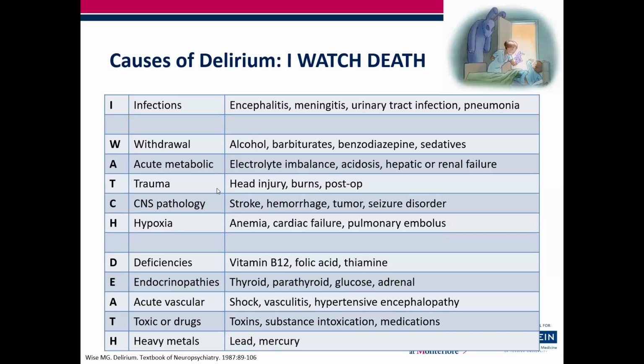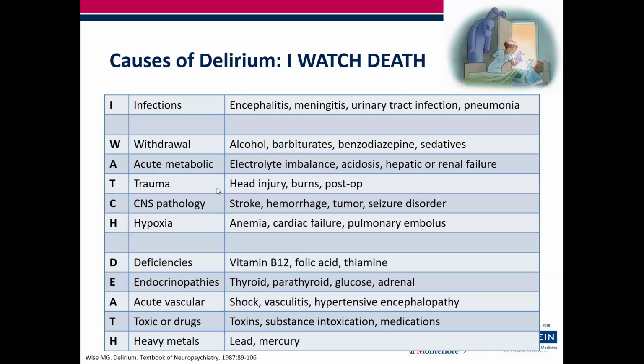So if there's direct head trauma or if the patient is post-op. Any changes in CNS pathology, so if the patient presents with a stroke, a hemorrhage, or status epilepticus. Hypoxemia, so any patients that have any level of cardiac failure, or if they present with a pulmonary embolism. Deficiencies in vitamins such as B12, folic acid, thiamine.